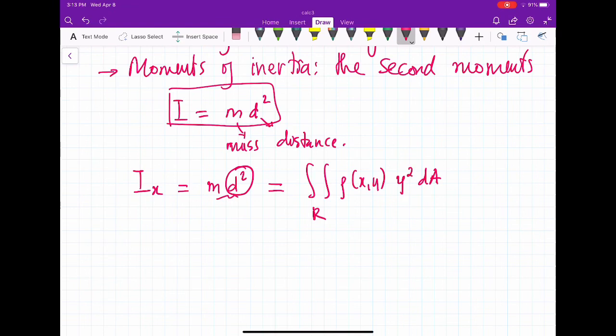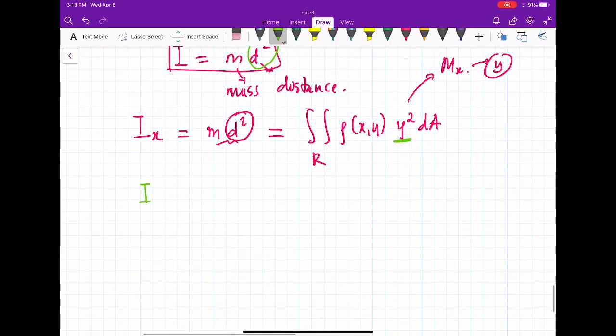So that is y squared. Remember that if you have Mx, that is just the 1y, because here you have only d. But if you have the moment of inertia with respect to x, here you should have y squared.